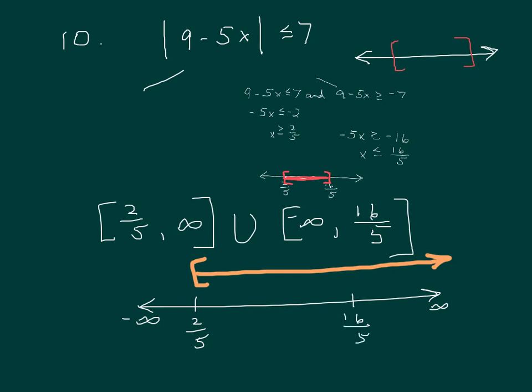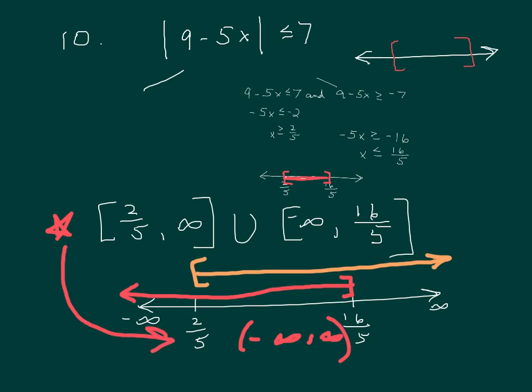So it will look like this. And when you combine the two graphs, which is an OR, which is what a union is, you get negative infinity to infinity. So the union that you incorrectly wrote is actually this one.